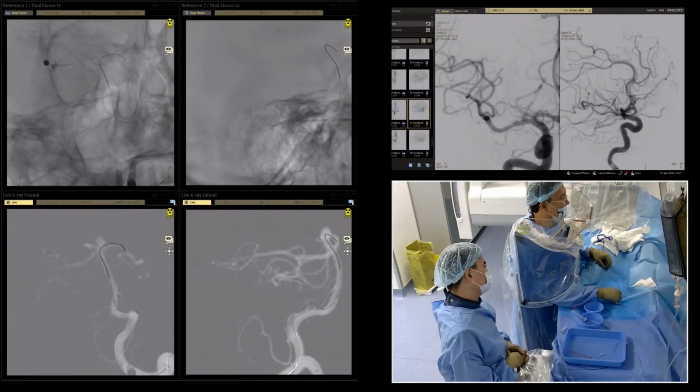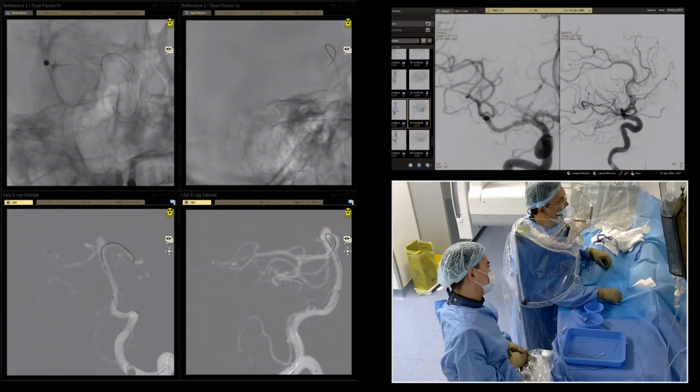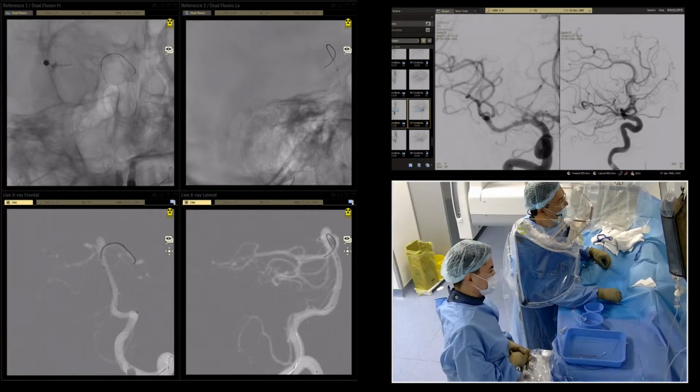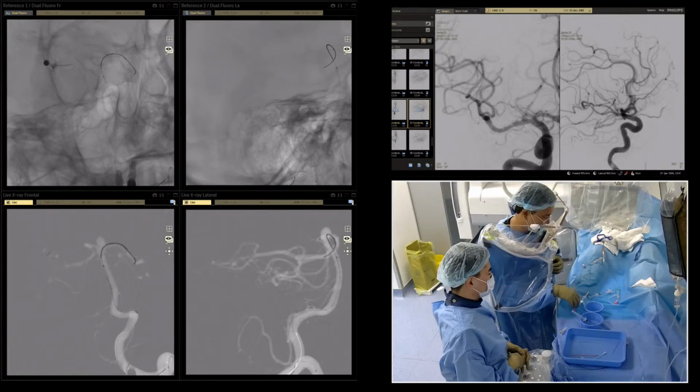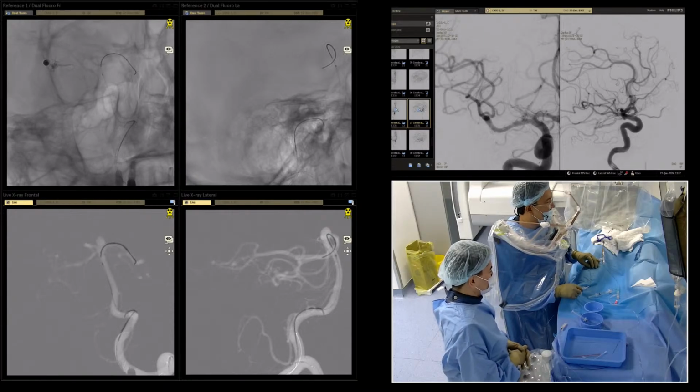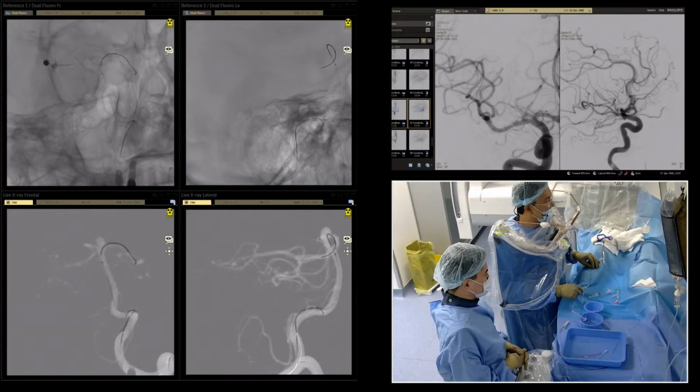Yes, the left side. But there is a communicating arteries on both sides. It's the right side, huh?